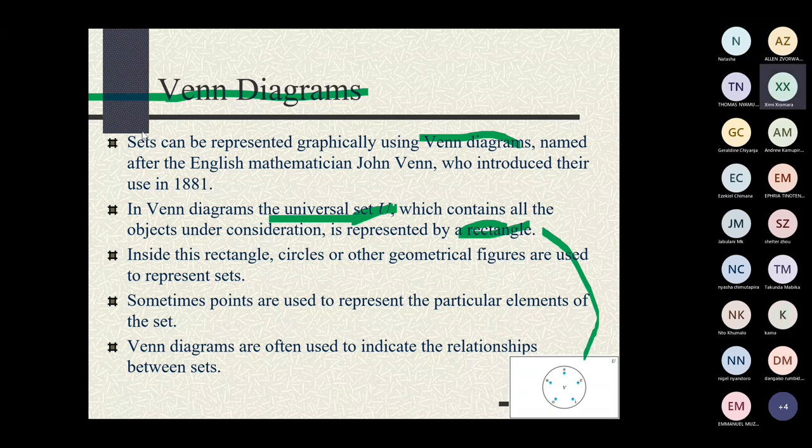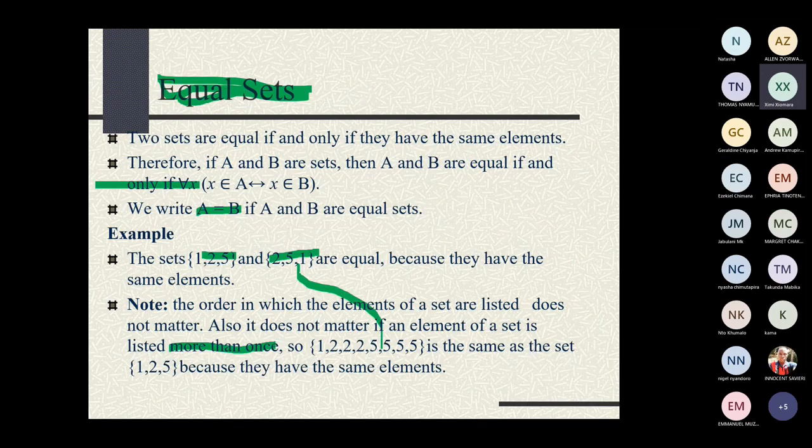Sorry to take you back just a bit to the previous slide that you have just done. The elements 1, 2, 5 are equal to the elements 1, 2, 2, 2, 5, 5, 5, 5.